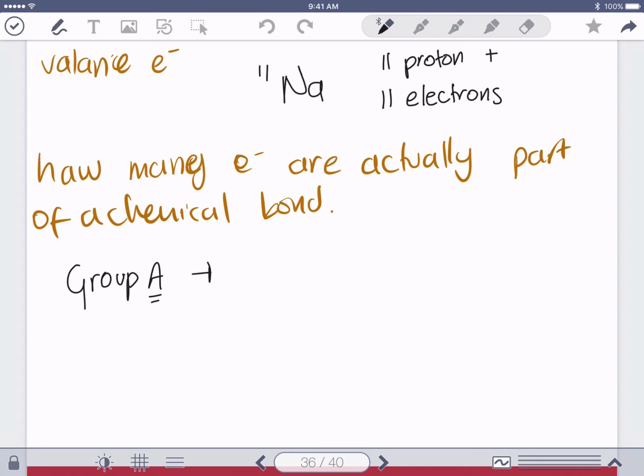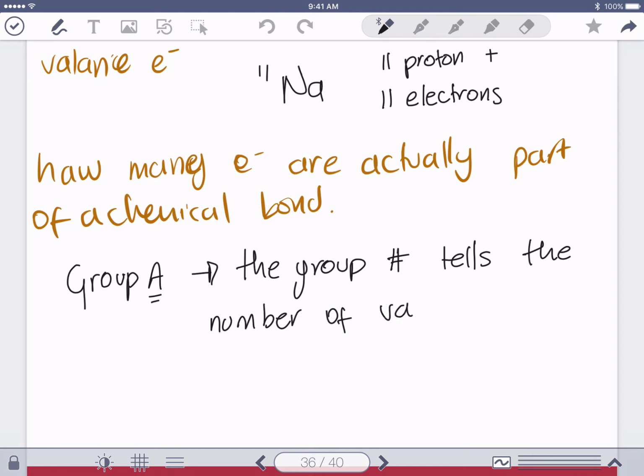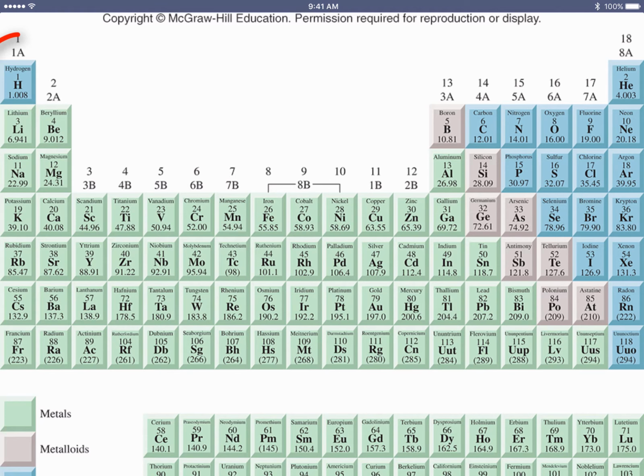The group number tells the number of valence electrons. So my question to you now is, what group is sodium located in on the periodic table? You're right.